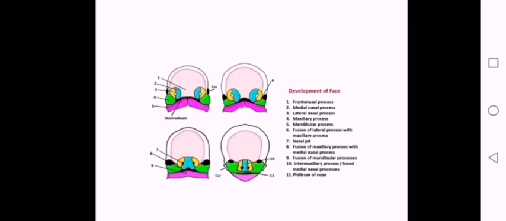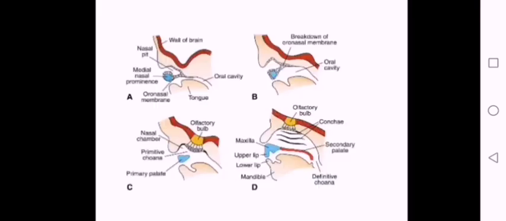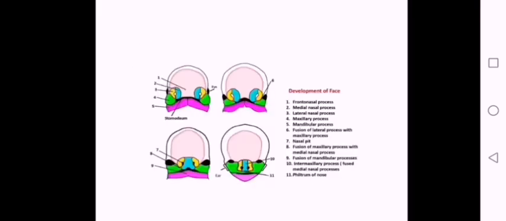And both medial nasal prominences migrate toward each other, and they proliferate, so they approach each other to form the nasal septum.